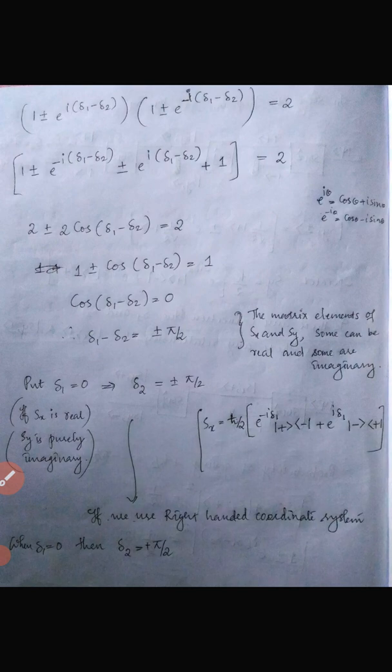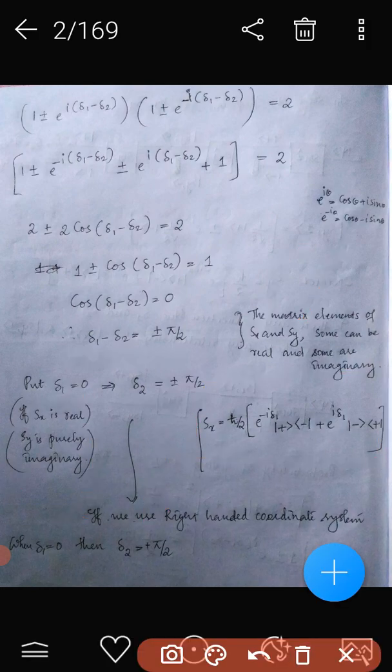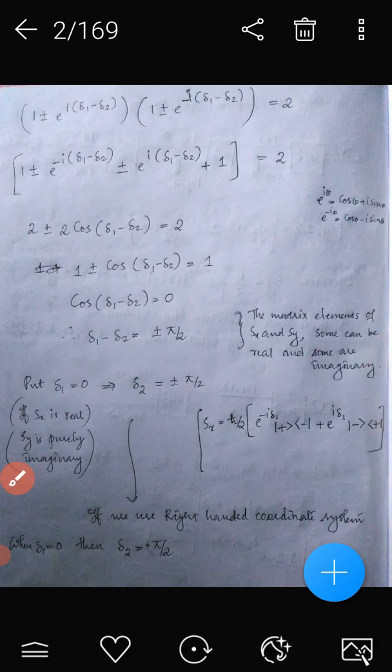Then Sx equal to, this is the Sx operator, and we are giving the value of delta 1 as 0. So e to the power 0 is 1 here, and here also e to the power 0 is 1, because delta 1 is equal to 0.